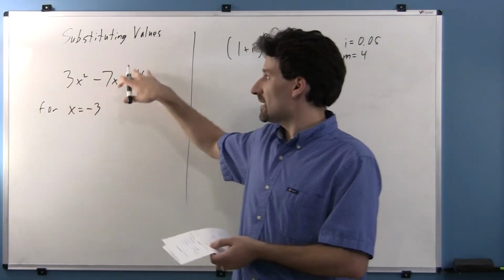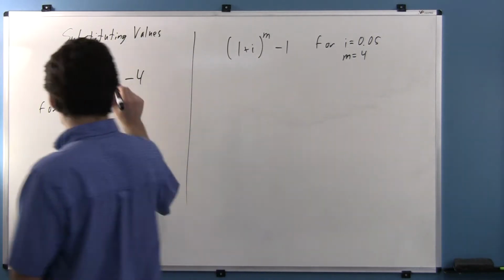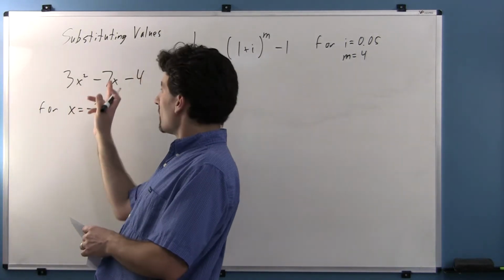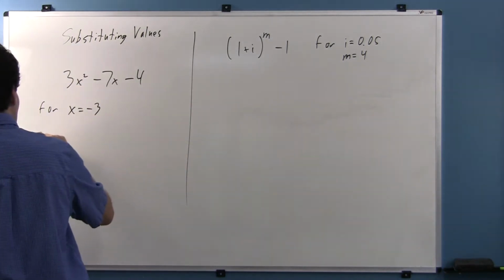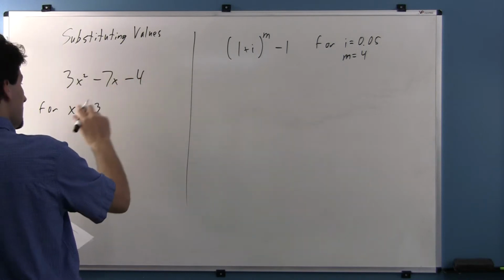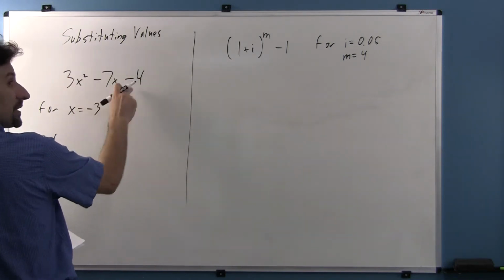So what is this expression equal to if x is equal to -3? So let's put -3 into each place. We have 3 times x squared minus 7x minus 4. So this thing is equal to 3. Notice it's not an equation either, so we're just figuring out what is the value of that expression if we put something in for x.